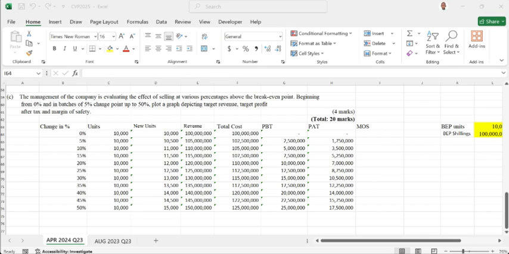Tafuta mahali uliandika jana. How do we find MOS? Total.